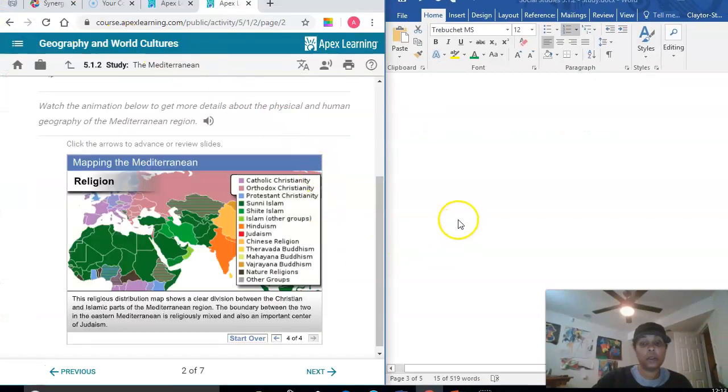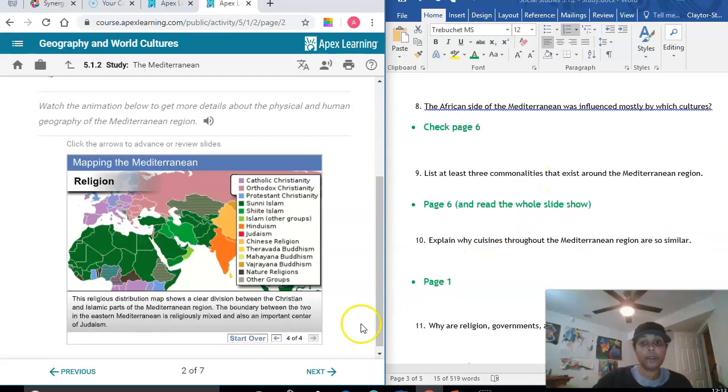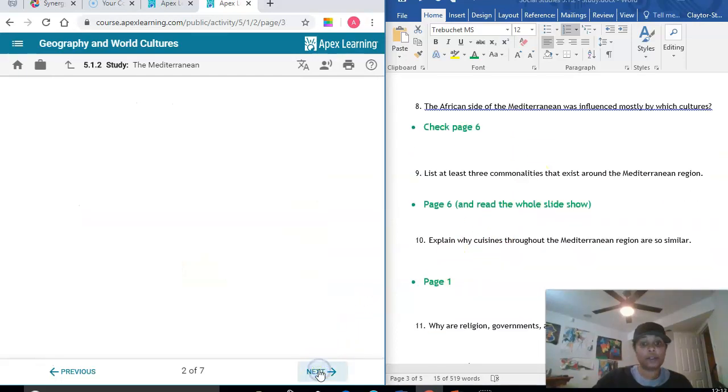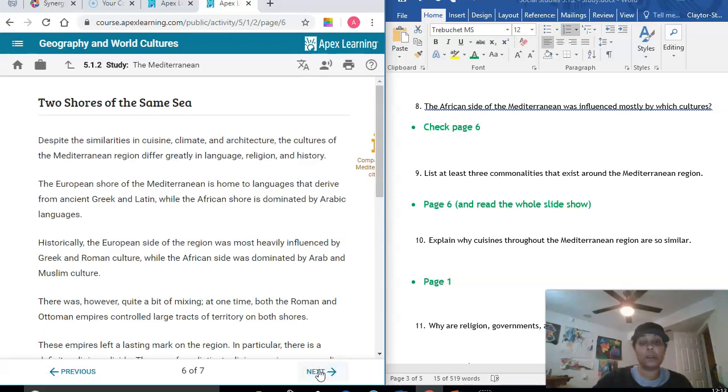Okay, going down to number 8. It says check page 6 first. Okay, I see that in green, so let me go to page 6. The African side of the Mediterranean was influenced mostly by which cultures? If I just skim, it talks about architecture here.